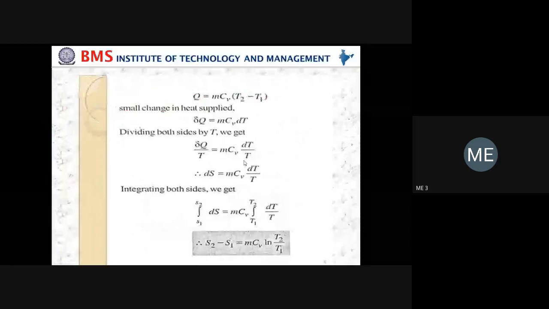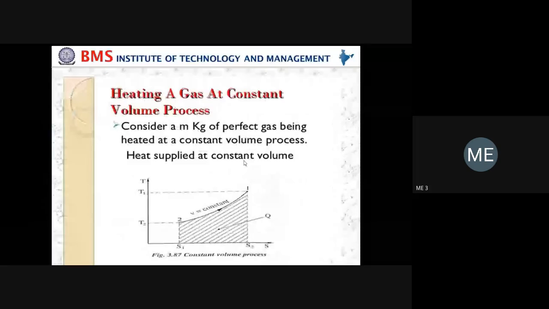Okay, sorry, this is a misprint. You take this as 1 and this as 2. This is the nature of the curve for the entropy change. Suppose you take temperature as T1 here and temperature T2. S1 is the entropy and S2 is the entropy at state point 2.